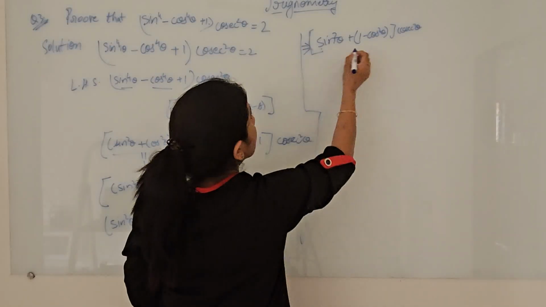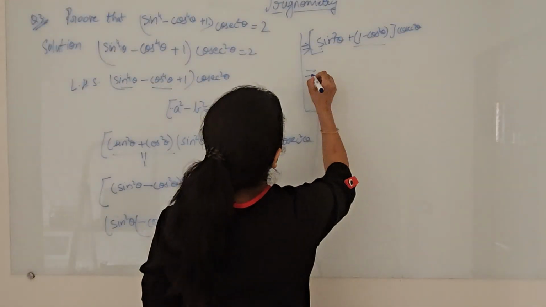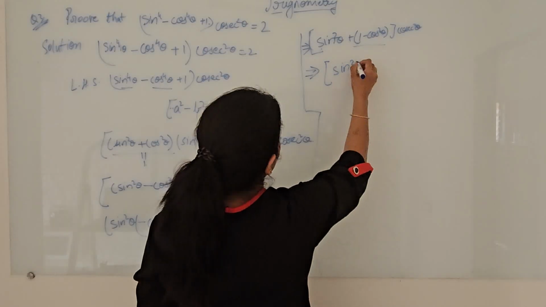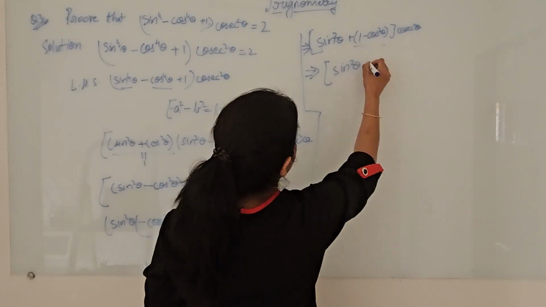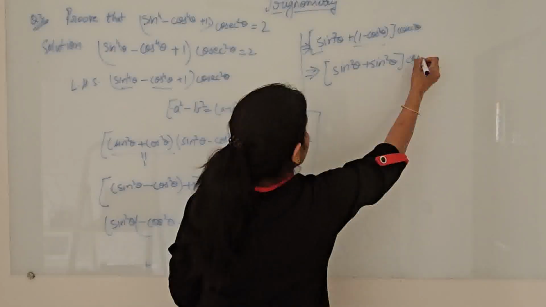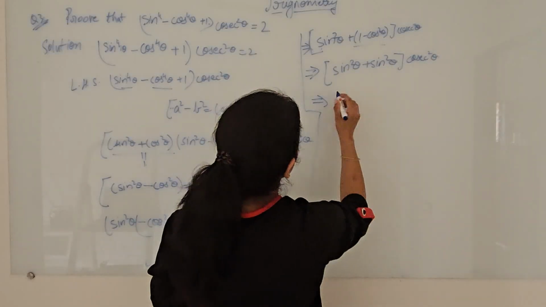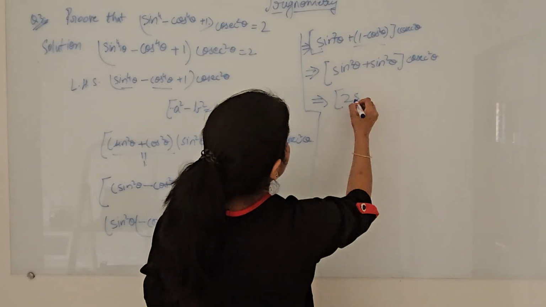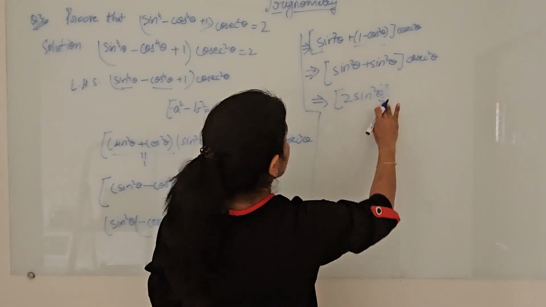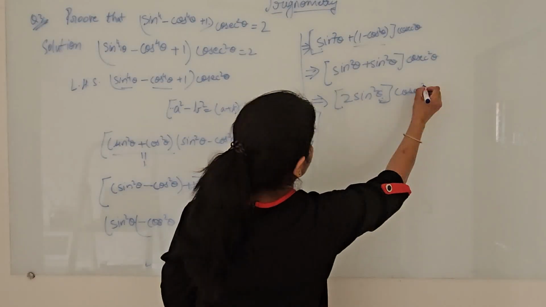Now this thing is equal to sin^2 theta, and this will also become sin^2 theta. Outside the bracket, cosec^2 theta is coming down the line. This will become 2 sin^2 theta, and outside the bracket it is cosec^2 theta.